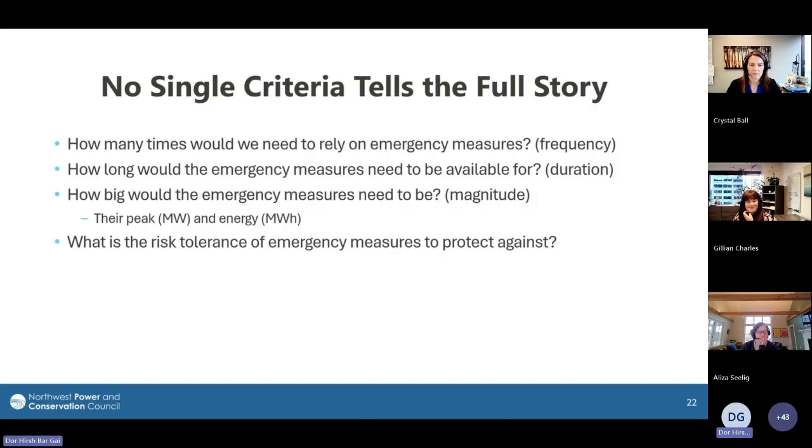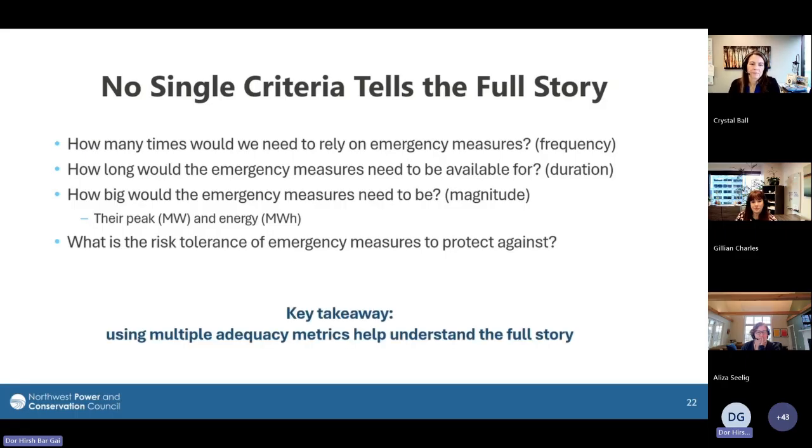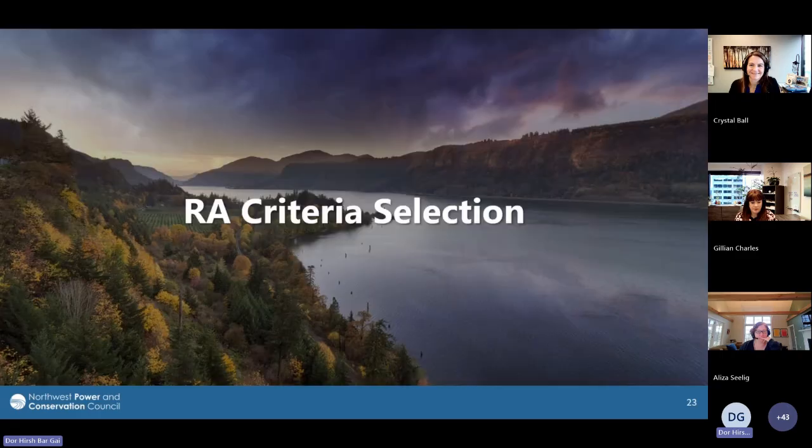And likewise, it doesn't tell us how deep we need to rely on them. Because of this, the takeaway is that using multiple metrics does help to understand the full story. No, you do not need to use all of the metrics we just discussed today, but using them and choosing appropriately really helps to paint the full story. And on this note, we're good for a break unless there are any questions.